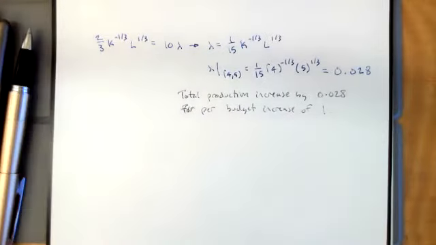So if we increase our budget from 60 to 61, we should expect total production to increase by 0.028. So 4.33.